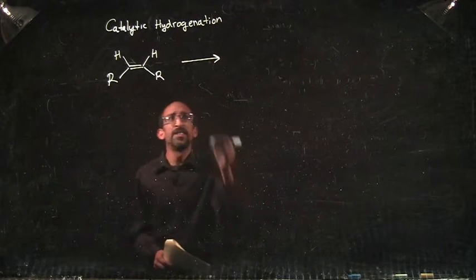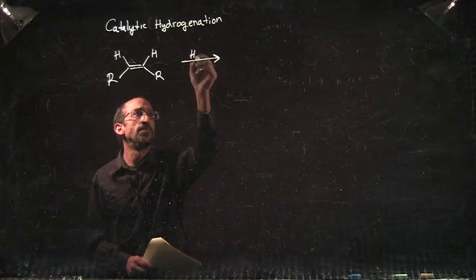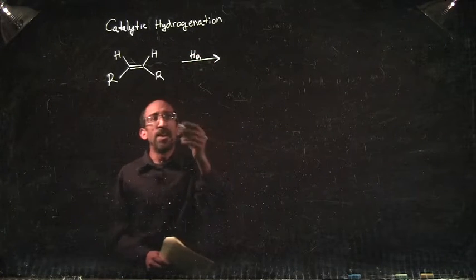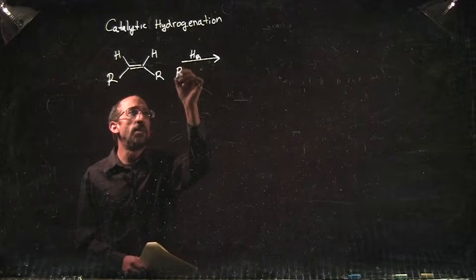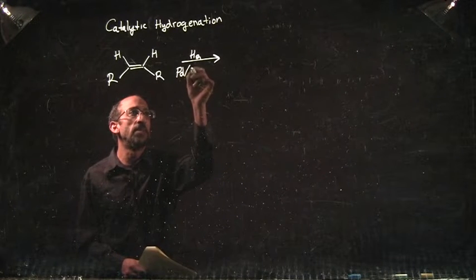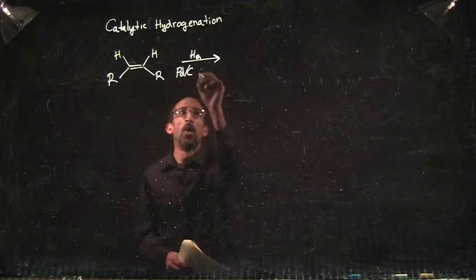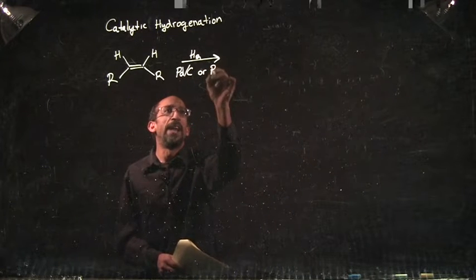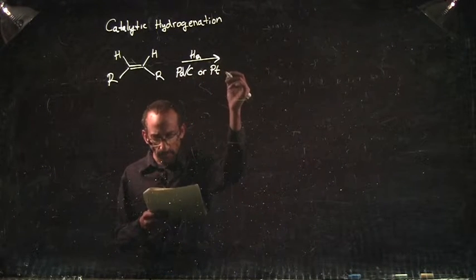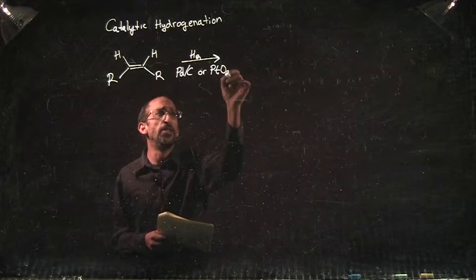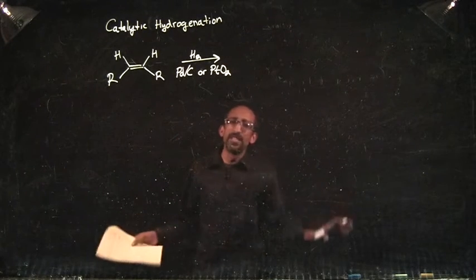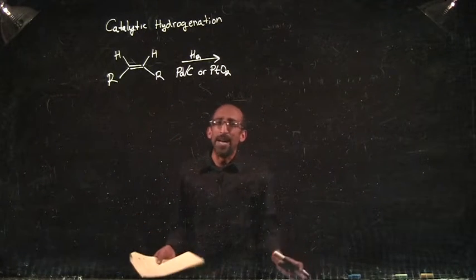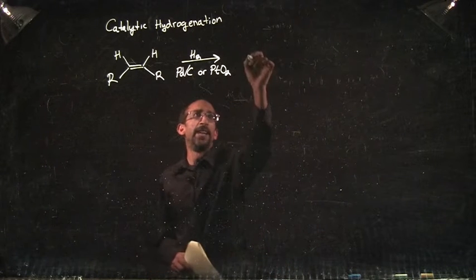And we can treat this with hydrogen gas in the presence of either a palladium catalyst, which is usually palladium on carbon, or platinum oxide, PtO2, and that completely erases that pi bond and gives us an alkane.